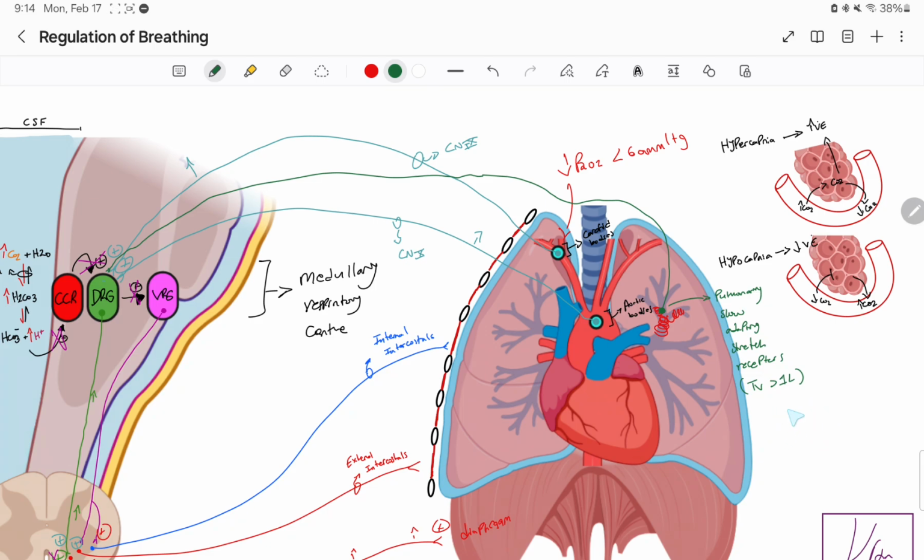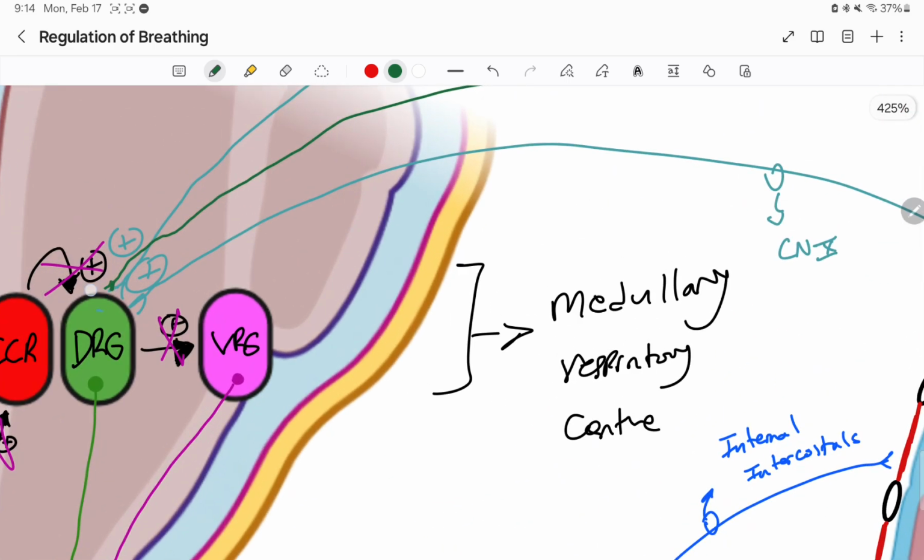So this is kind of a protective response, if you will. It senses that the lung is actually overinflating, and what does it do? It sends a signal down this nerve. What kind of nerve? This is actually the cranial nerve 10, the vagus nerve, same as this one. It's an afferent nerve. And it goes all the way to the DRG, and it actually inhibits the DRG. It says, hey, you know what, DRG?